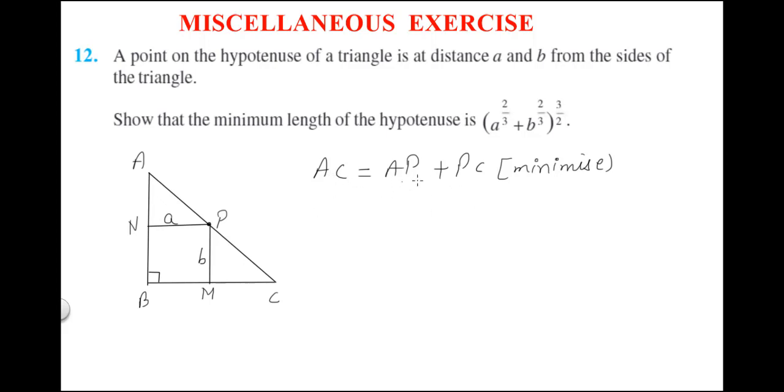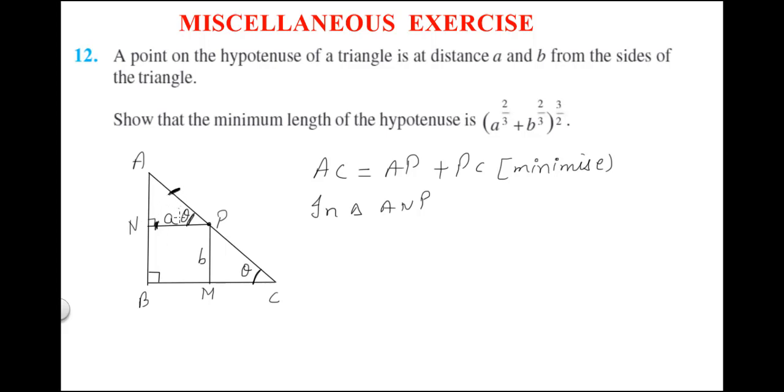Now let us try to find out AP. You see, in triangle ANP this angle theta, and in triangle ABC this angle theta, they are both the same because the lines NP and BC are parallel to each other, right? Now in triangle ANP, in front of 90 degrees, whatever is there will be your hypotenuse.